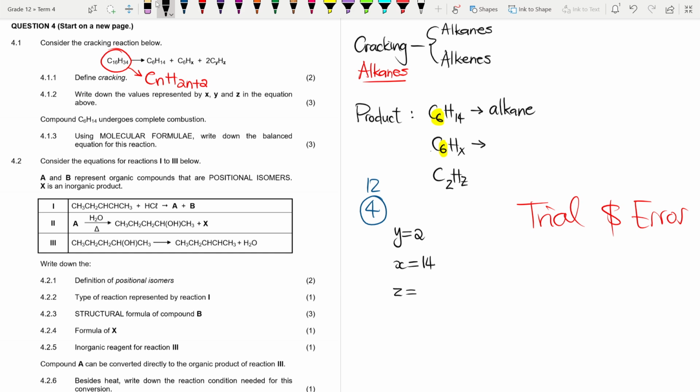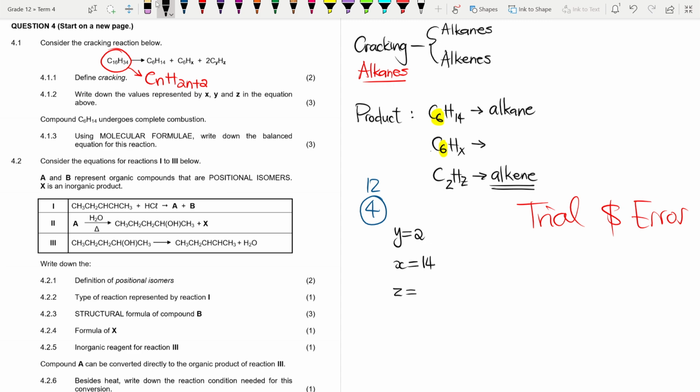Then it will be 28. So this one has to be an alkene. Sorry to interrupt, but C2HZ should be an alkene. If it's not an alkene, then it means we made a mistake.